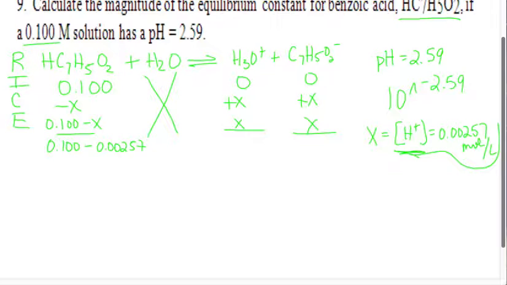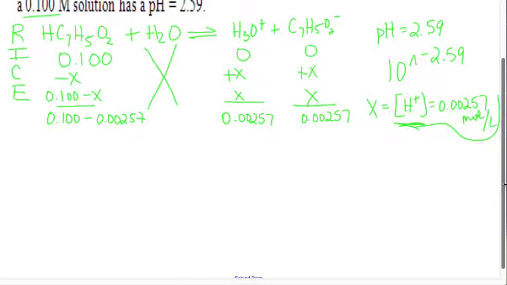There's no reason to not do that math right there. So this is 0.00257, 0.00257. So how do I solve for the K? Products over reactants. Because now we're in acid-base, and this is an acid, we're going to make our K a little more specific, and we're going to call it a Ka.